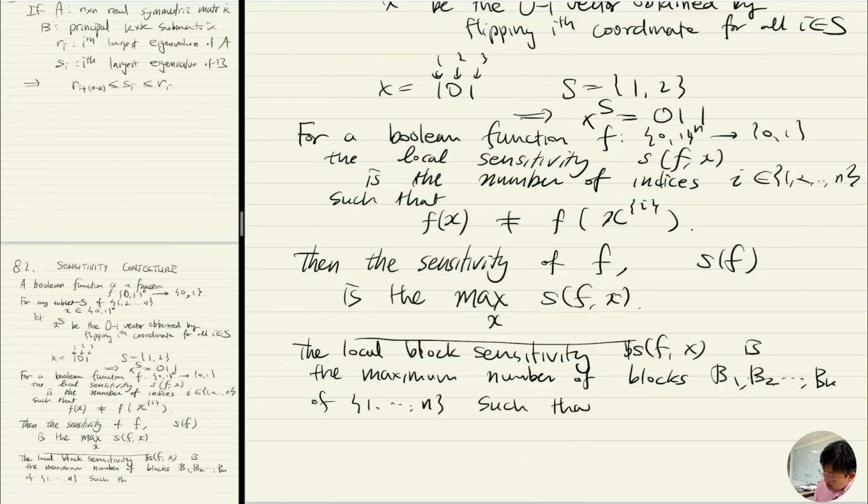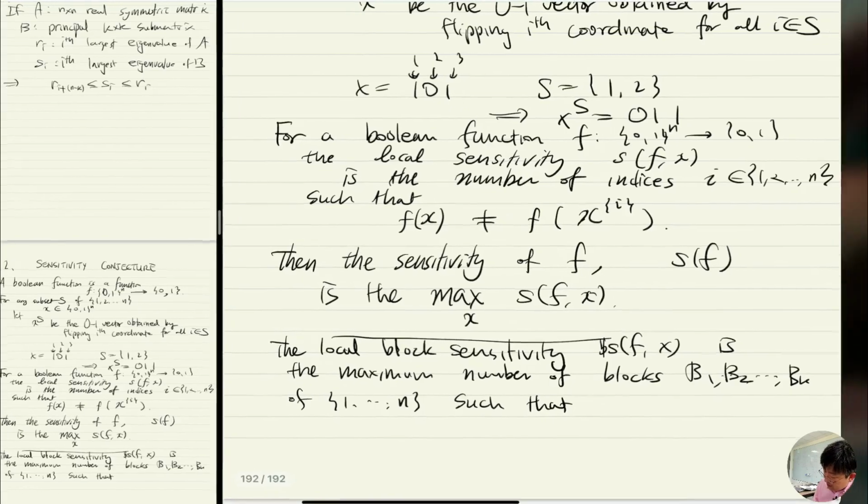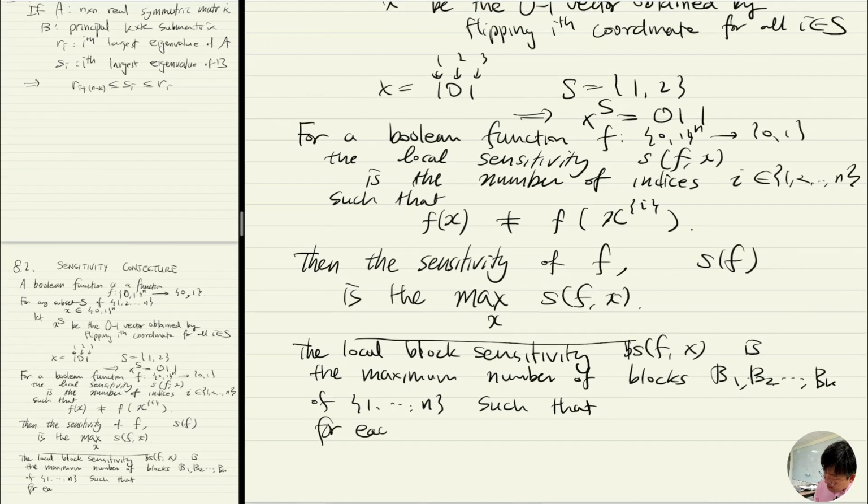The blocks are disjoint such that for each i, f(x) is different from f of x^Bi.